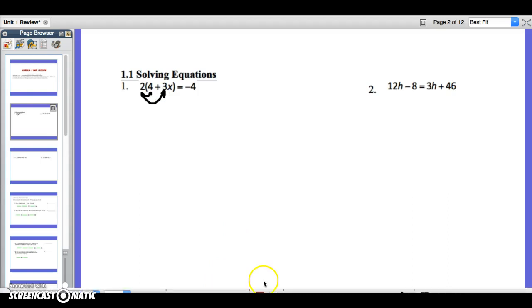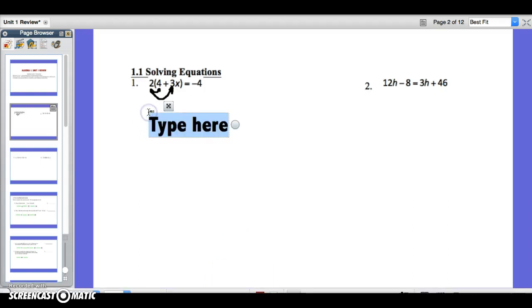So in the end, what I'm going to get is 8 plus 6x is equal to -4. Now, in this case, I have eliminated my parentheses by using the distributive property of multiplication.